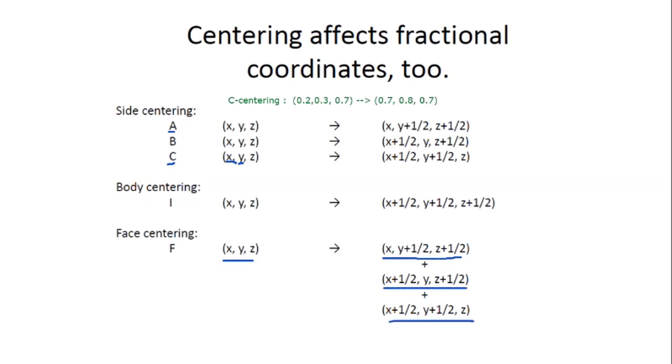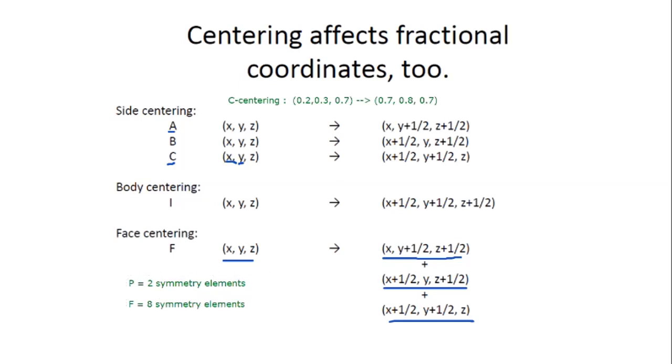Now, if we say the primitive has 2 symmetry elements, when we go to face centered, it's going to have 8 symmetry elements. And the reason it has 8 is that you have to perform the same set of symmetry elements on every unique lattice point. So there's 2 on this one, 2 on that one, 2 on that one, 2 on that one.